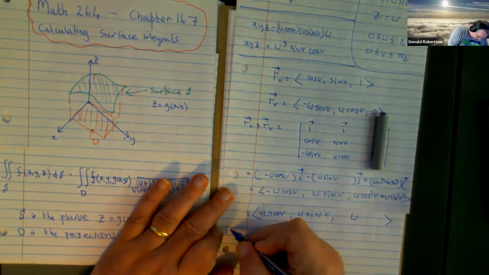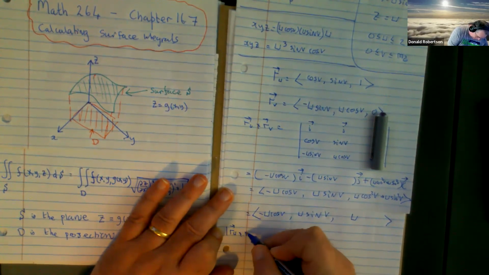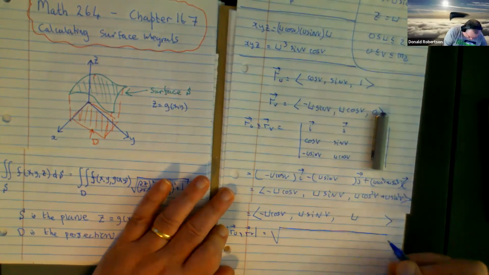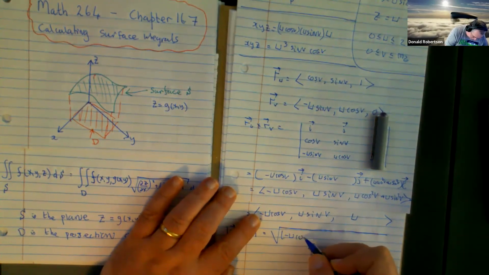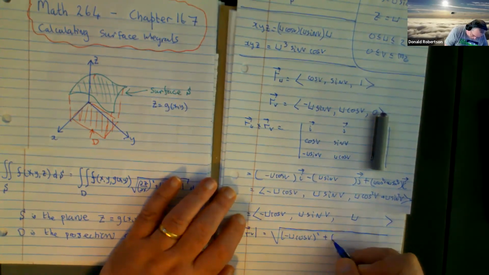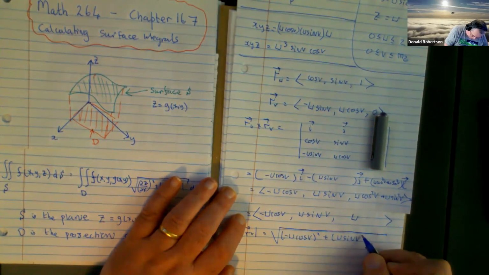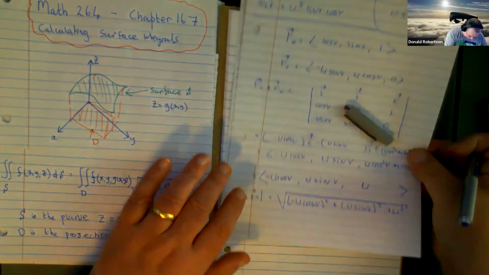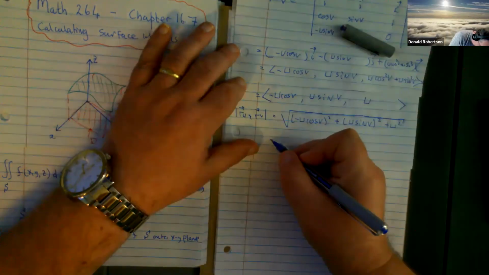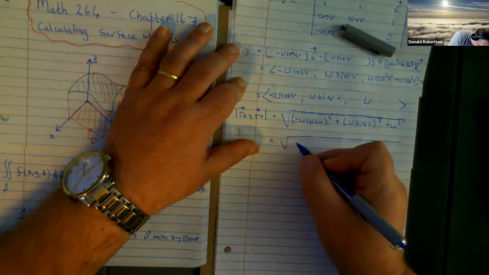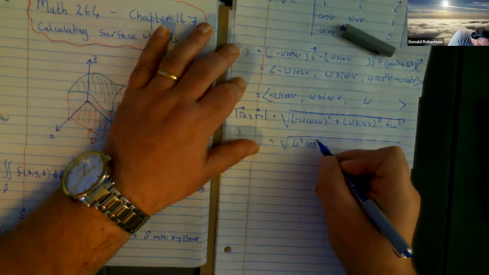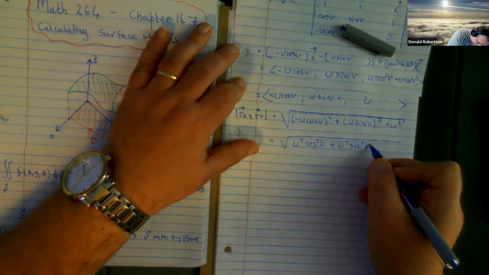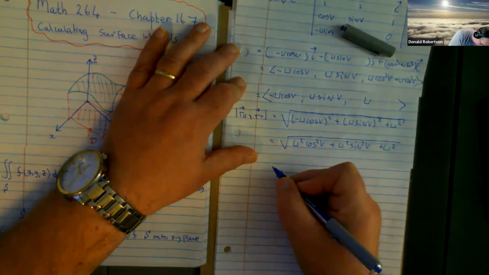Now I need to find the magnitude of that guy. So it's going to be the square root of this guy squared plus this guy squared plus that guy squared. That gets you u squared cos squared v, that guy gets you u squared sin squared v, and that guy is still u squared.